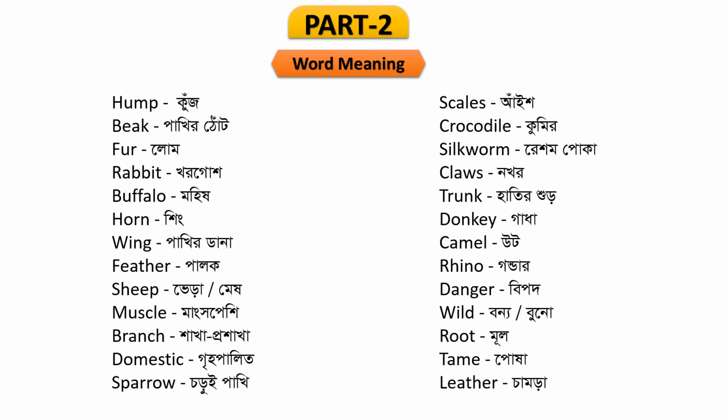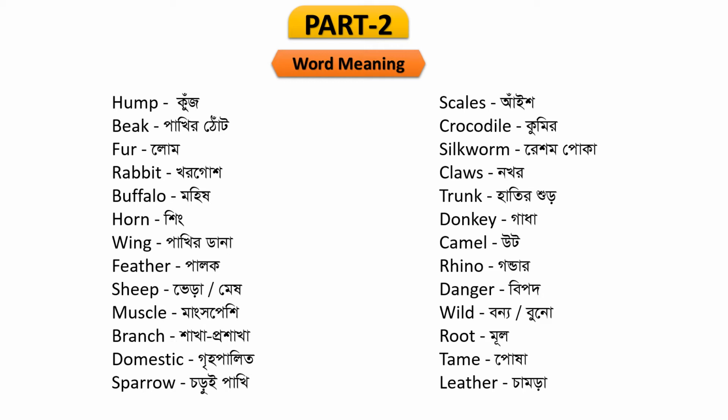Claws means নখর. Trunk means হাতির সুর. Donkey means গাধা. Camel means উট. Rhino means গন্ডার.